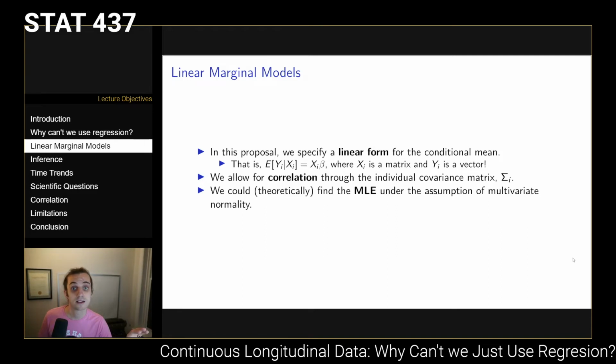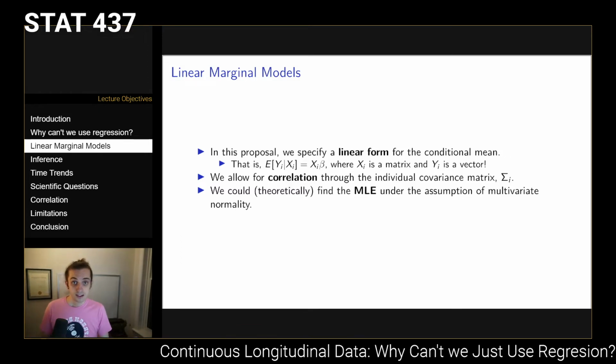In the same way that if you have a univariate outcome, you can assume normality, you can assume this constant variance, and then you can find the MLE for your regression parameters. We can instead treat our outcome as multivariate, assume some covariance structure, and then find the MLE based on the data there, right?